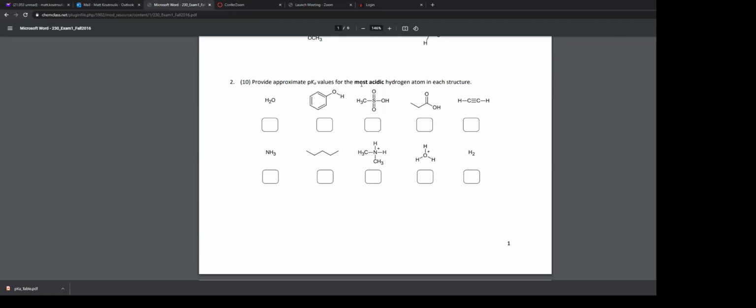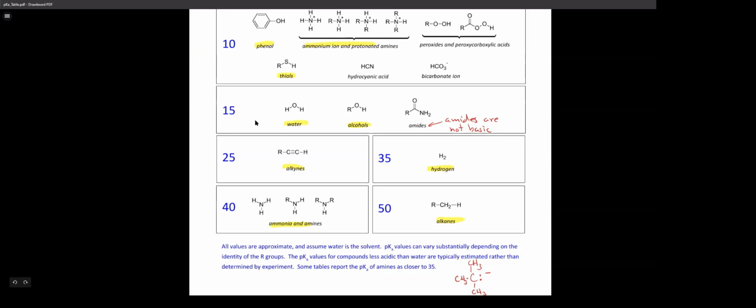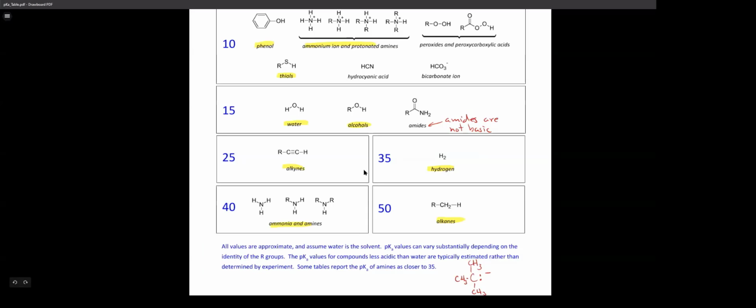Meaning I want 0, 5, 10, 15, 20, whatever. So H2O was 15. What would this guy be? This is what kind of compound? A terminal alkyne, meaning it's got a hydrogen on it, and alkynes are 25.